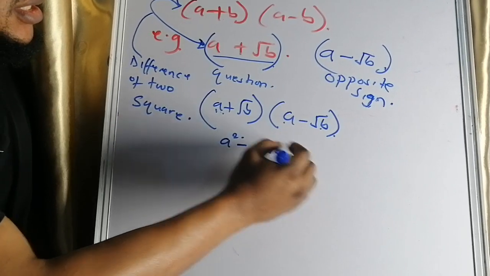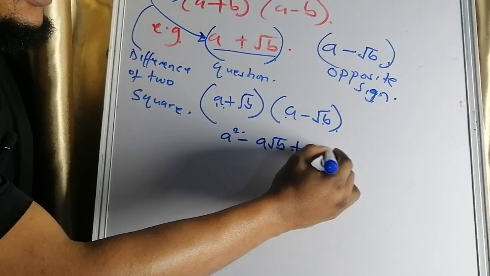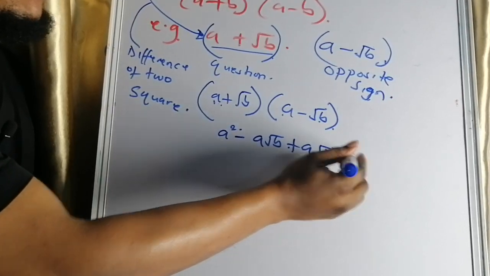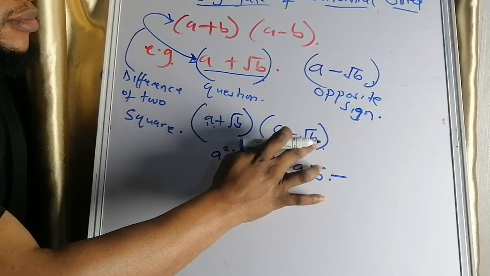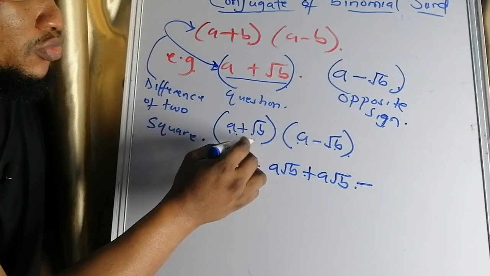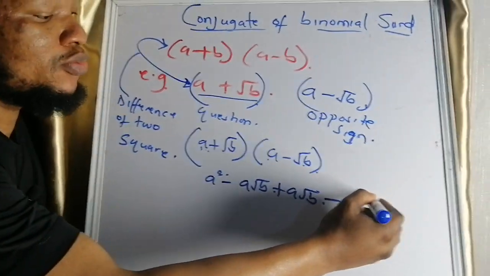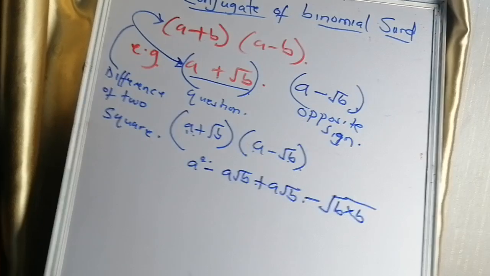So you can have a times root b, that's plus a root b. Okay, plus times minus is what? Minus. Okay, so b times b, don't forget, root b times root b is multiplication in SURD. So pick one root and say b times b. It's as simple as that.